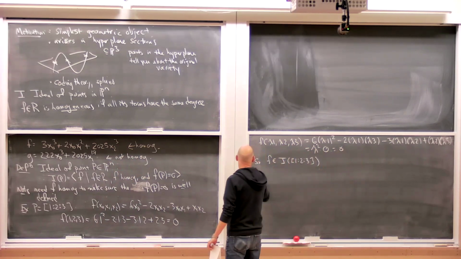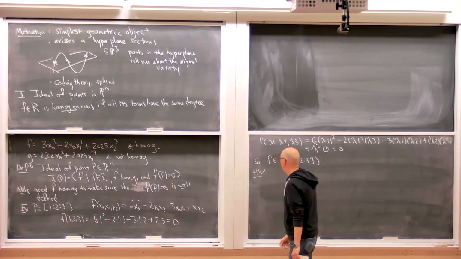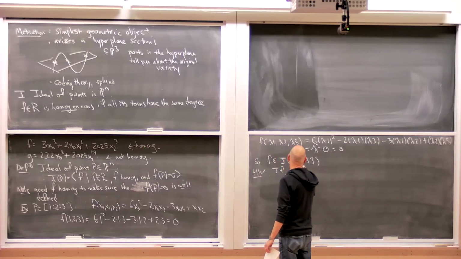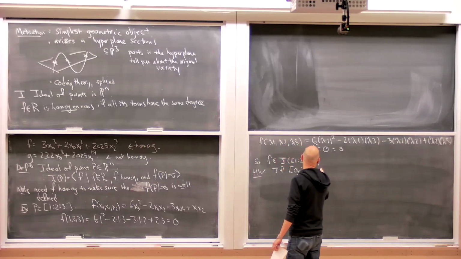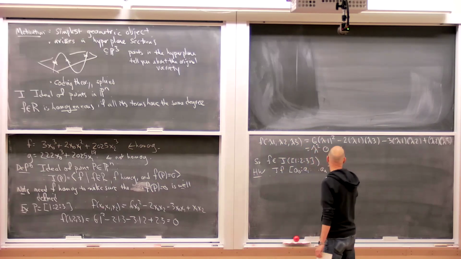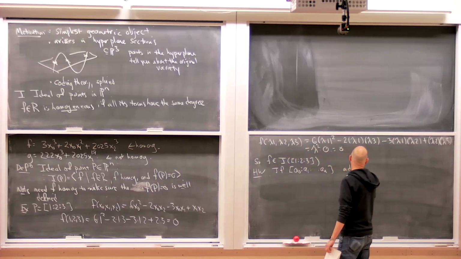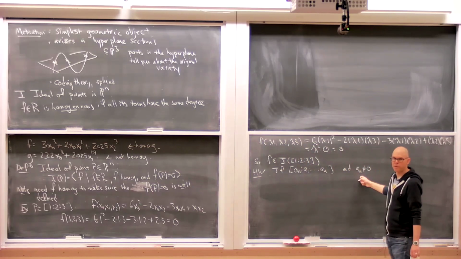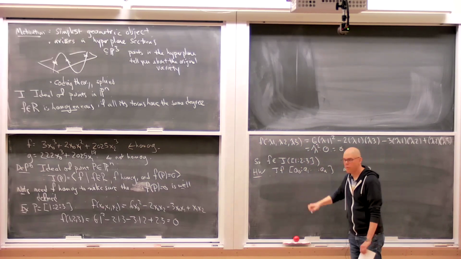And this is one of the homework questions: if you take just a general point like this, and let's say that the first one is not 0. I'm doing a special case here.